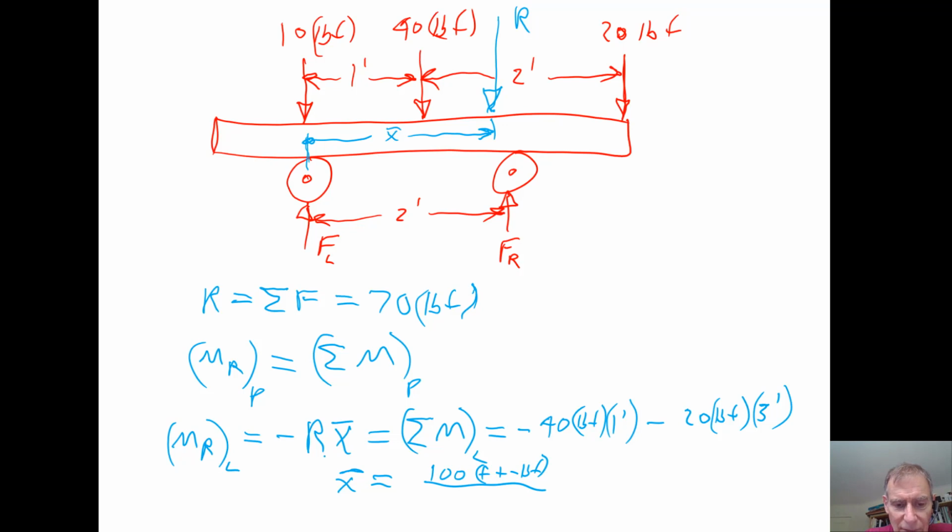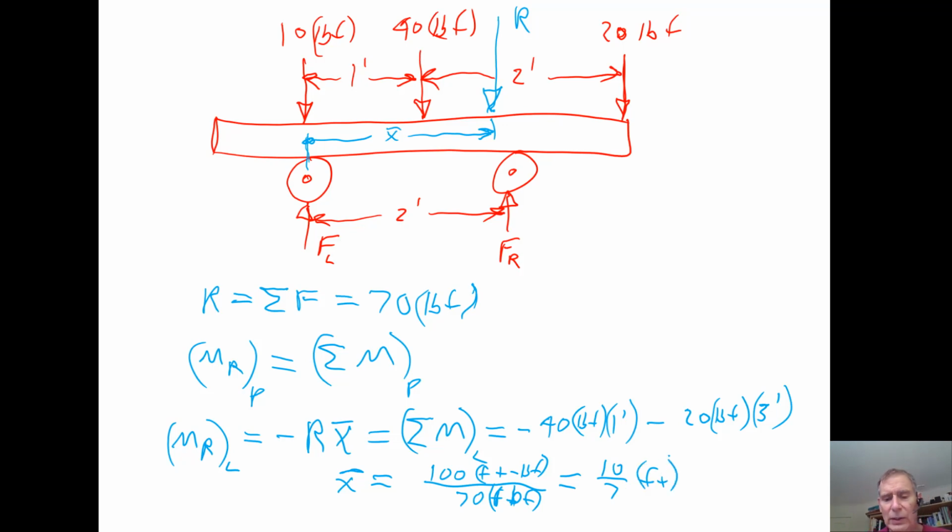And then we have to divide by the total weight, which we said was 10 plus 40 plus 20, so that's 70 feet. I'm sorry, 70 pounds. You can see that the units cancel out, and we're left with feet, say 10/7 of a foot.